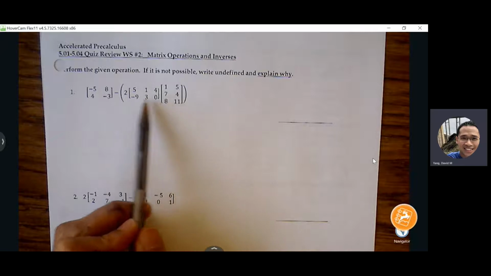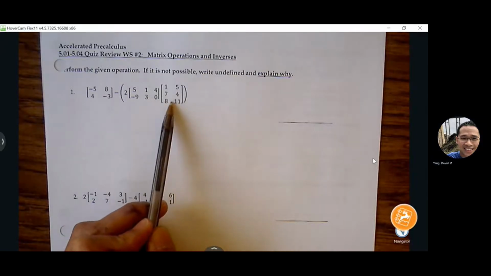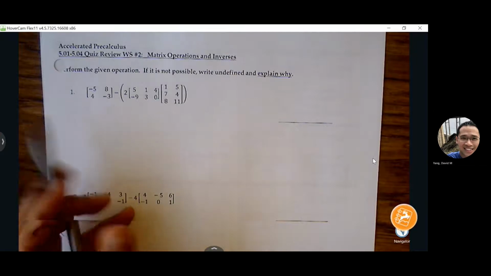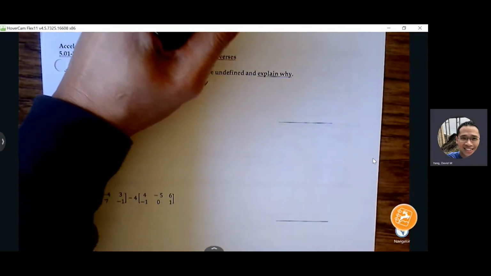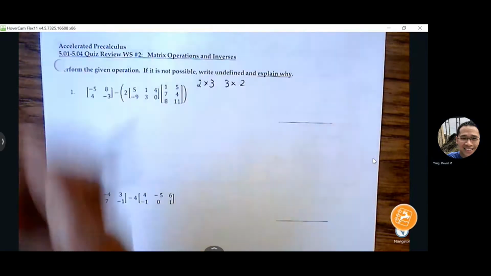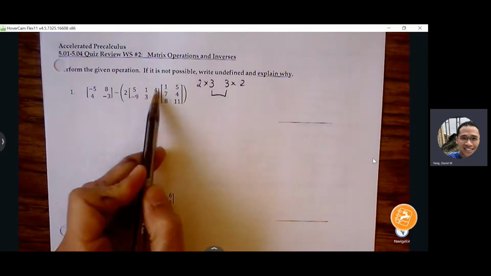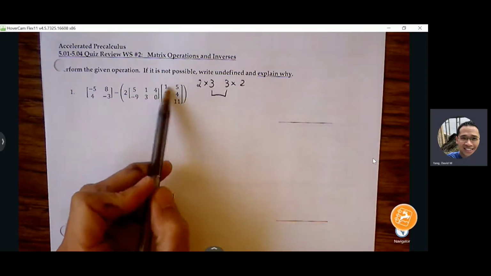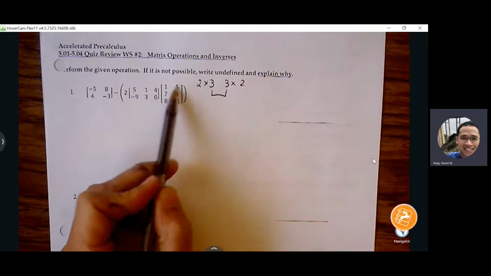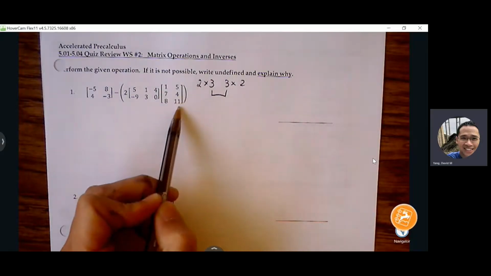Okay, are these 2 matrices, are these 2 dimensions compatible? Yes. 2 by 3, followed by 3 by 2. This matrix is 2 rows, 3 columns. The second matrix is 3 rows, 2 columns.